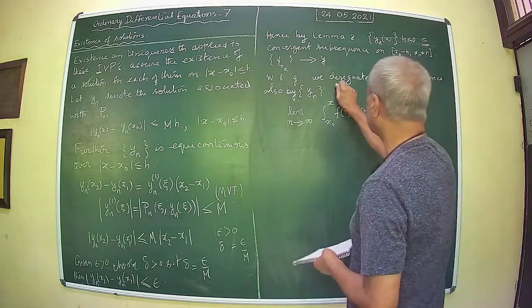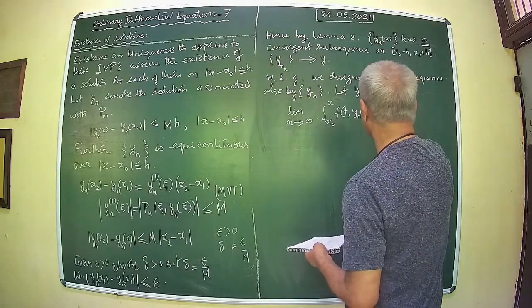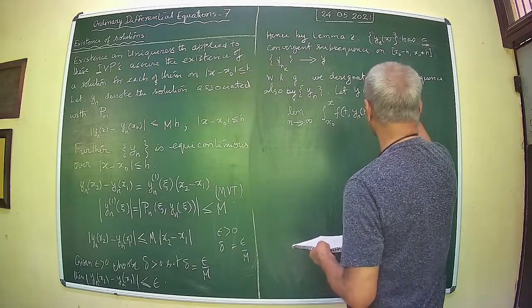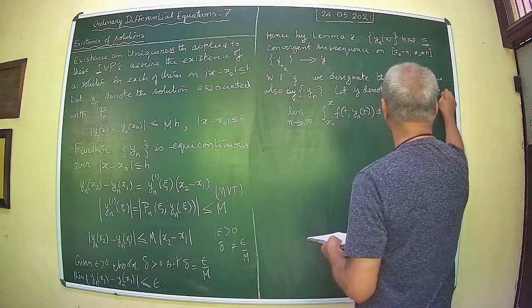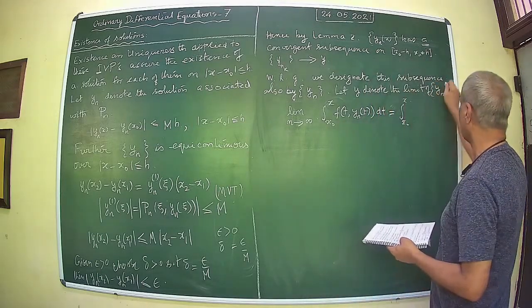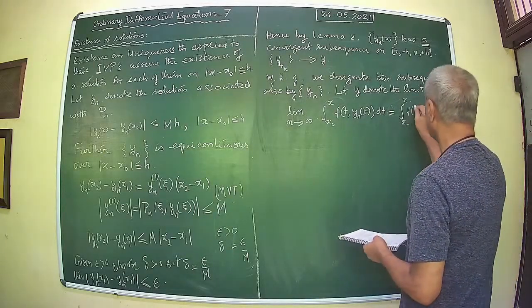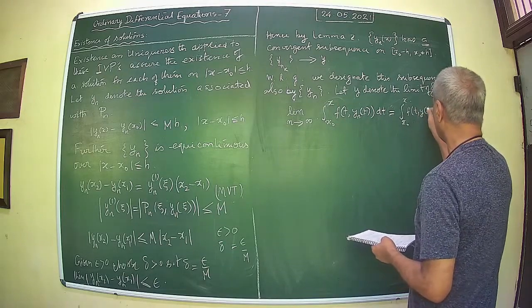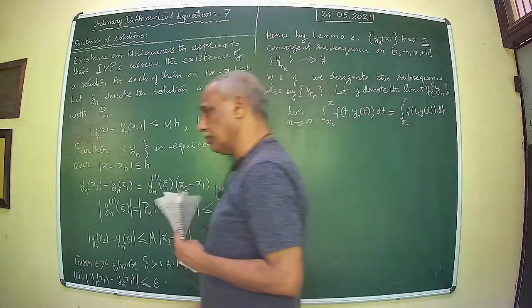Let this be equal to f. This we prove. How do we prove this?